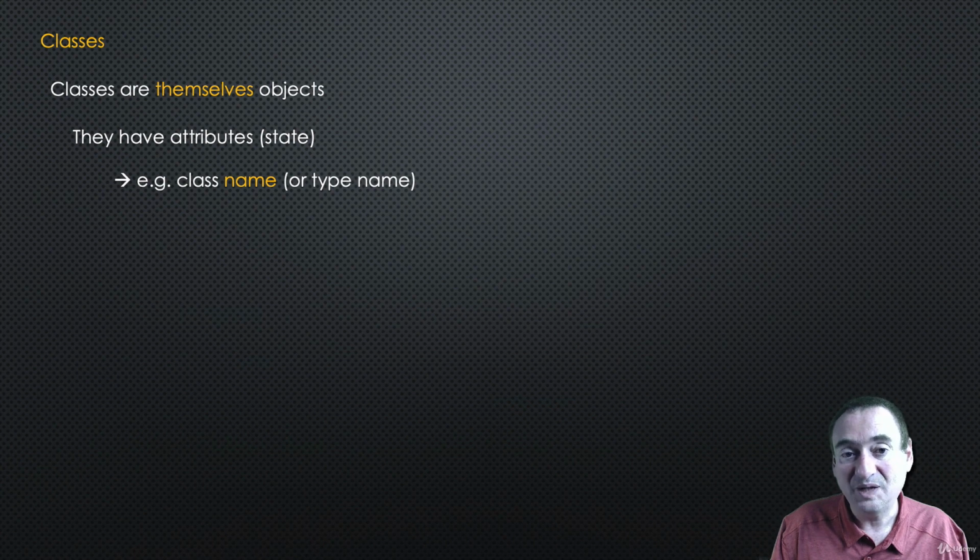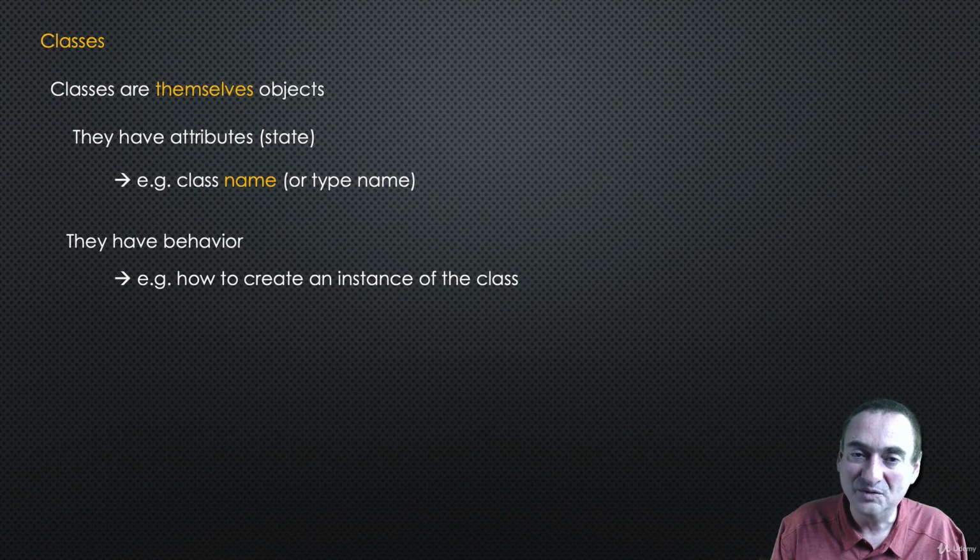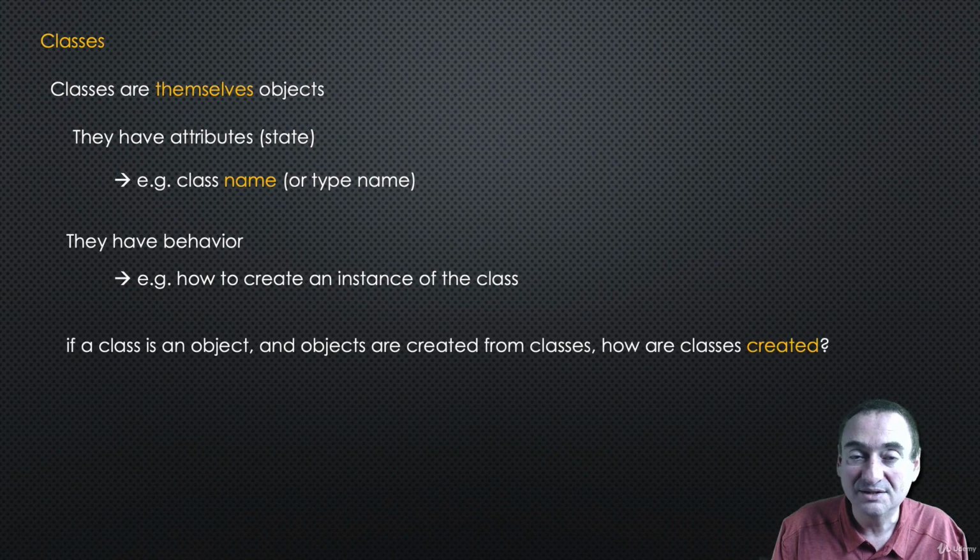Well, it's stored with that class object, with that type. That's the type name or the class name. They also have behavior. For example, we can create instances of that class. Well, that's a behavior of that class, right? That doesn't just come out of nowhere. It kind of does for us because Python does that for us in the background, but it actually basically implements attributes and methods for our classes for us. That's how we can create instances of classes.